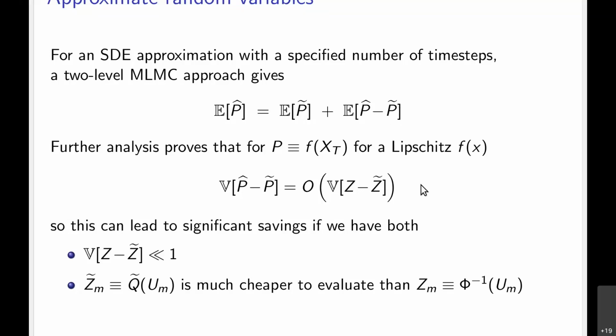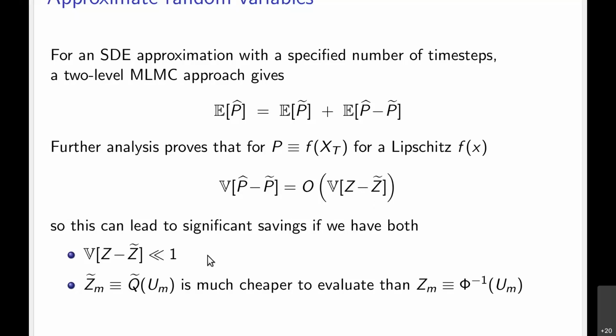Then, with a bit of additional analysis, you can show that the variance of the difference in the output quantities, a financial payoff in the context of financial SDEs, scales proportionately to the variance of the difference between the true normal and the approximate normal.